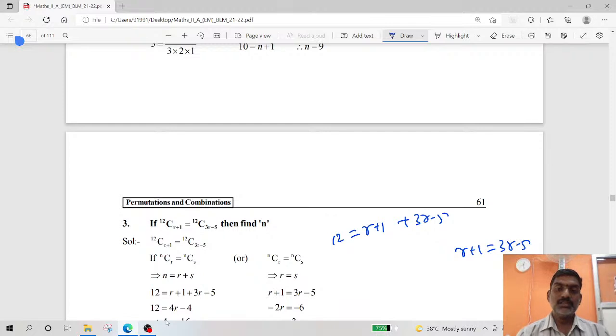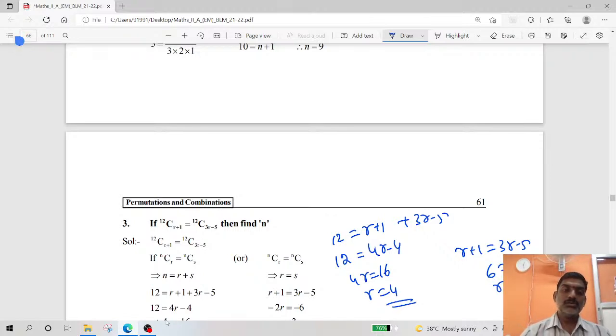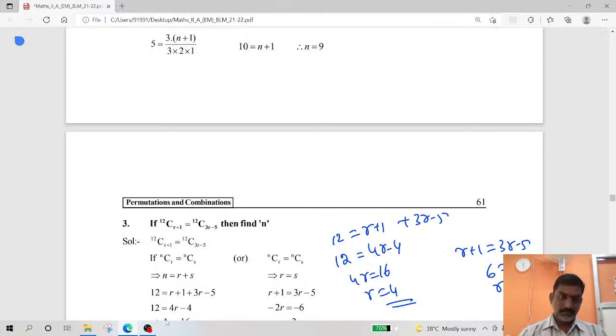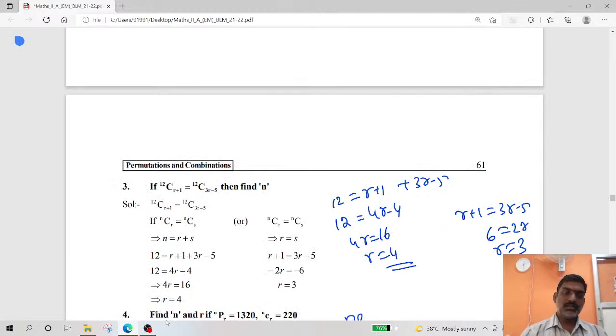In the first possibility, 12 equals 4r minus 4, so 4r equals 16 and r equals 4. In the second, 2r equals 6, so r equals 3. So r equals 3 and r equals 4.